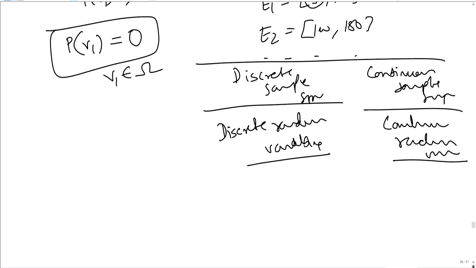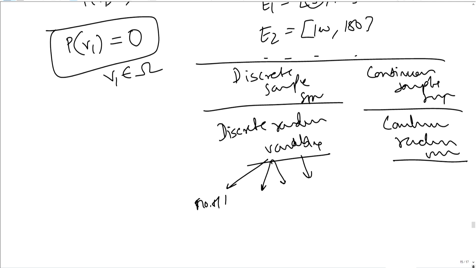And the classic examples, you might have heard about them. The examples of discrete random variables are, let us say, a coin toss, head or tail, that kind of example where you count the number of heads in n coin tosses. Okay.